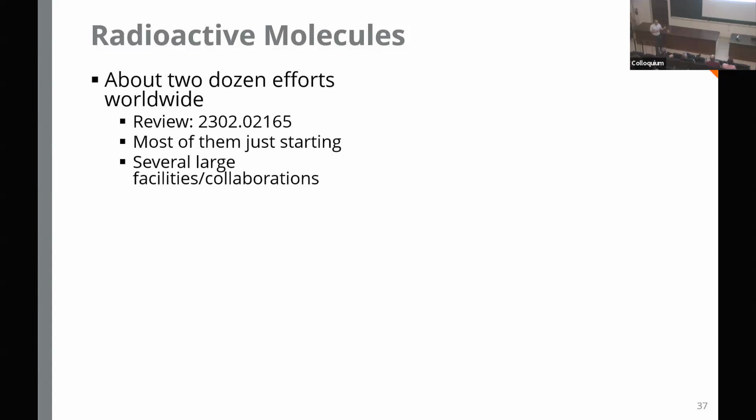Most of them are just starting or haven't started yet, and there are several large facilities and international collaborations working on this problem.